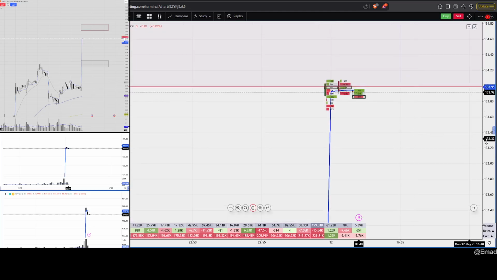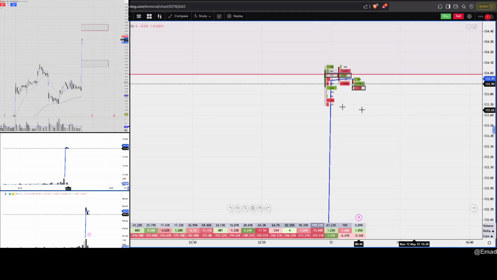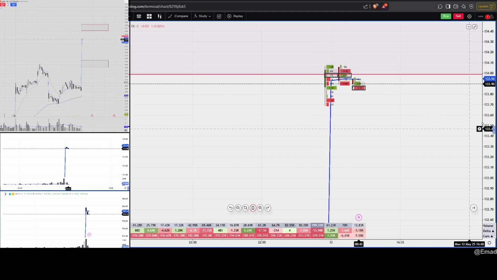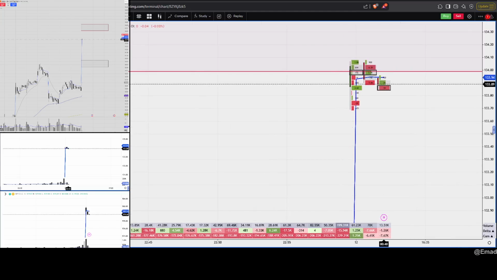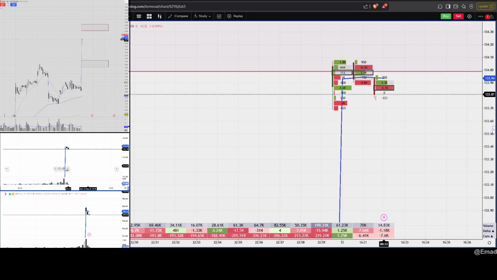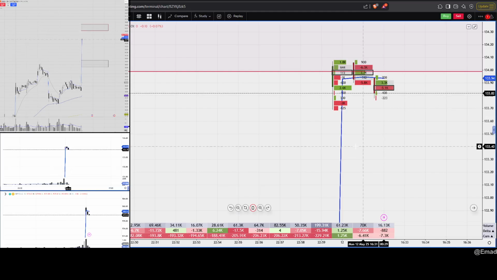Stock opened and saw 1.25, 7 point something. Could have shorted there, but not taking anything right now.